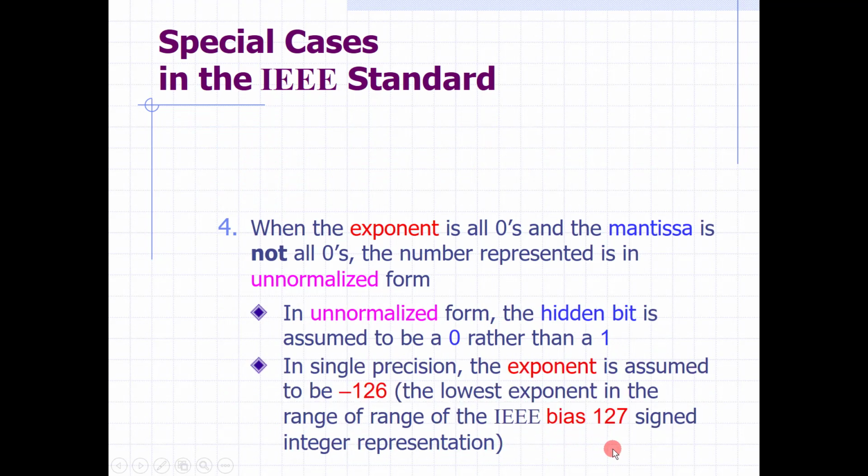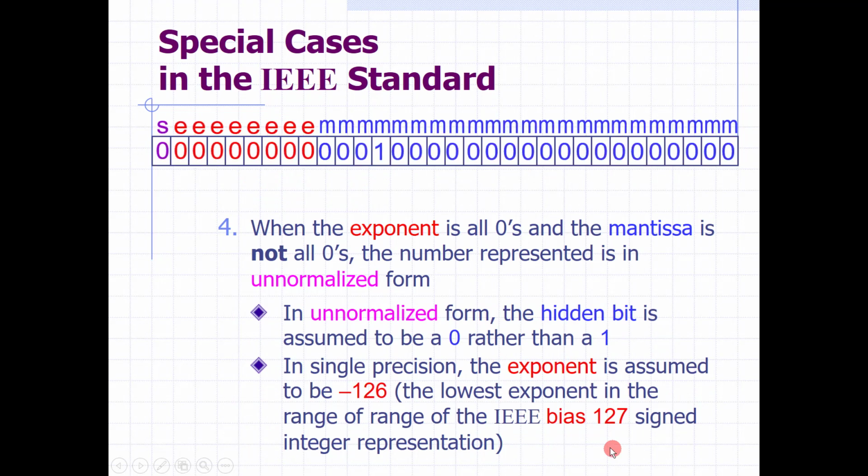We'll do a little example here. Here's a special case number. I know it's a special case because my exponent is all zeros. The first thing I ask myself is, is this 0? And the answer is no, because I found a 1 in the mantissa. So now I know it's in that unnormalized form. It's a positive unnormalized form.